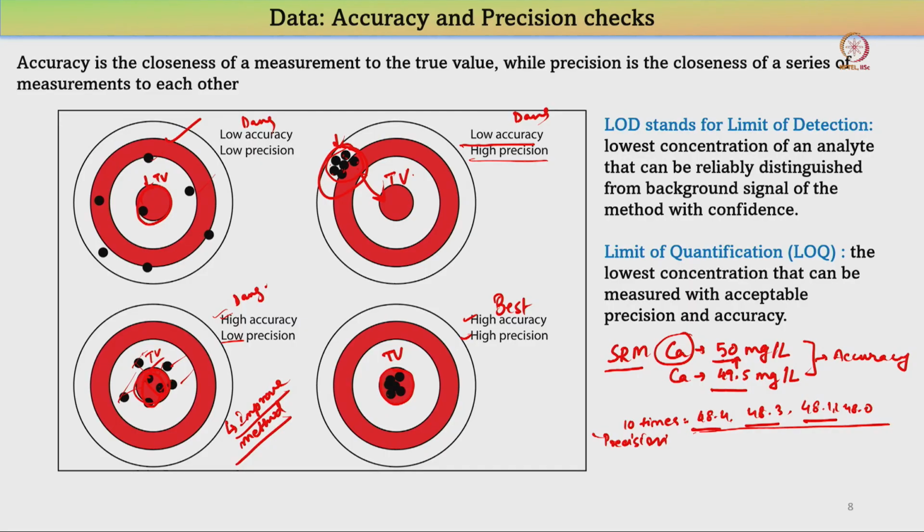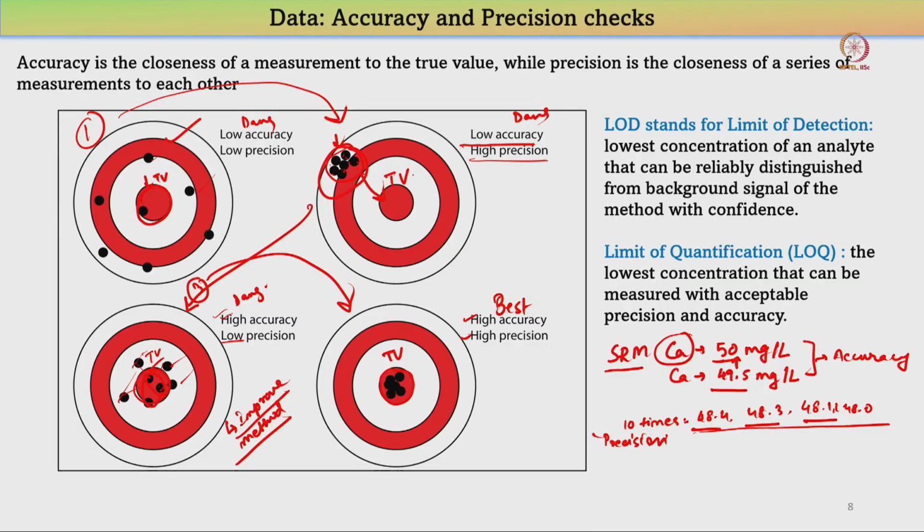So from the first scenario we slowly move to the second, then the third, and finally this is our final result. Sometimes we have to establish this for a particular analysis type in our own instrument, in our own lab.